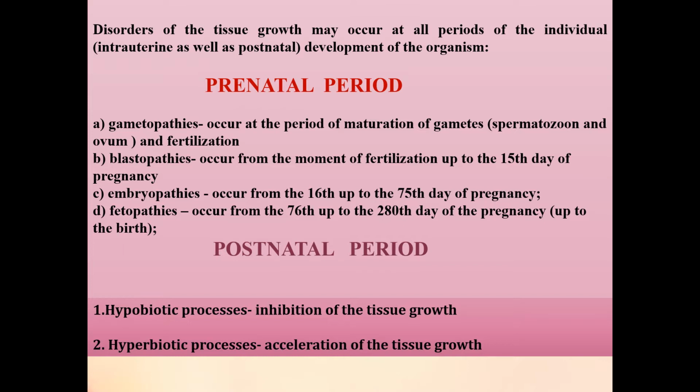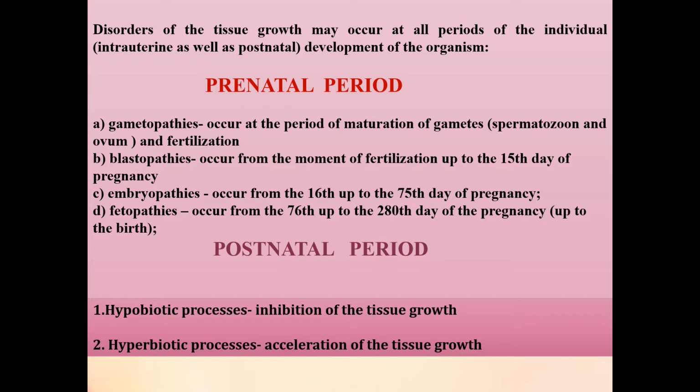Pathology of tissue growth may occur at all stages of individual maturation of the body, in the prenatal period and postnatal period. The prenatal period, or intrauterine period, lasts 270 days after fertilization. This period is divided into the stage of progenesis and chematogenesis.